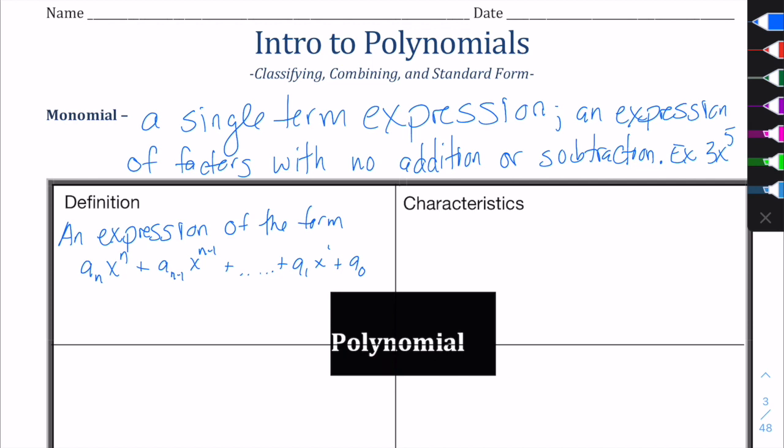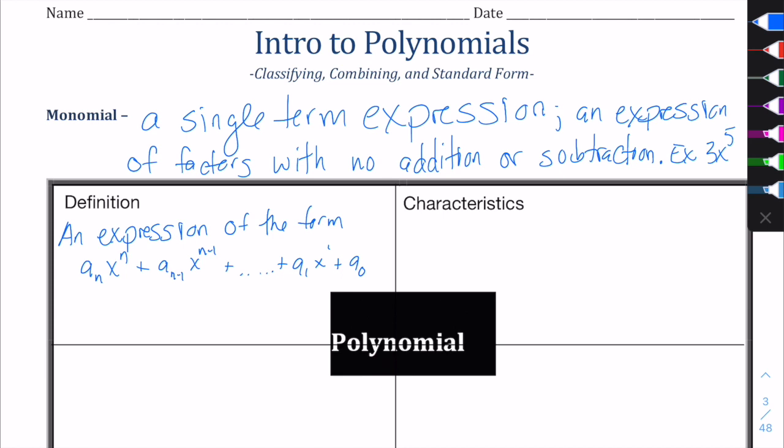And you're like, what on earth is that? Well, all of those a's, a sub n through a sub 0, are just coefficients. And all those x's are just variables with exponents. So let's talk a little bit about this.